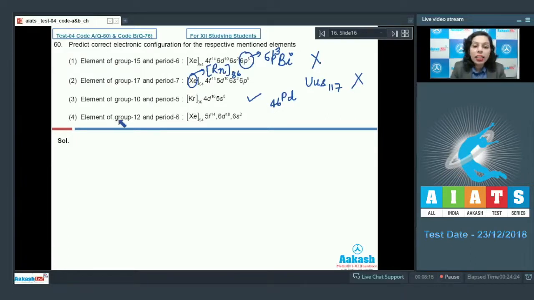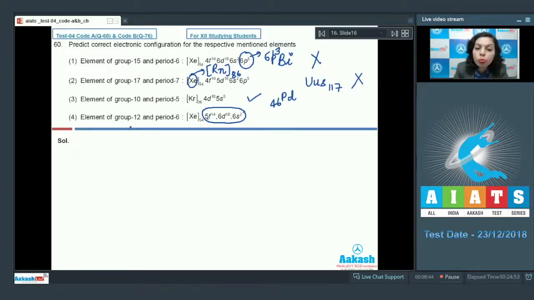Now the next one is element of group 12 and period 6. Here xenon is given, 5f14, 6d10 and 6s2. The clear mistake is given here. If you check this electronic configuration, you will identify that this should be 4f14, 5d10 and then it should be 6s2. So this is incorrectly given, and even I just want to tell you the name of this element also.